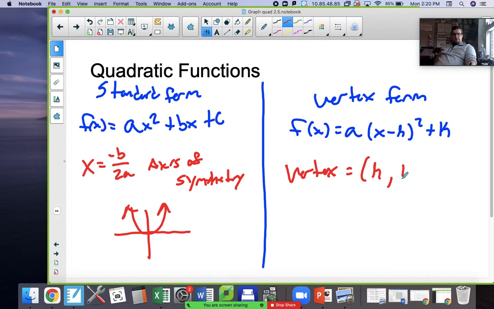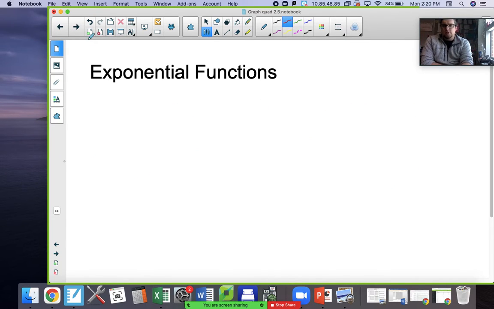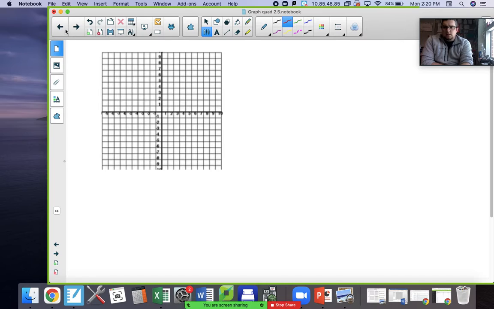It is positive h and positive k, so we take the opposite of this one, but we keep the same sign on k. So what we're going to do now, we're going to graph two of each, two standard form and two vertex form. Start with standard form because it's the more challenging of them. We're going to go 3x squared plus 18x plus 20. It is f of x.